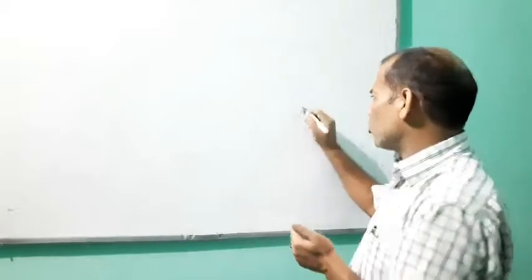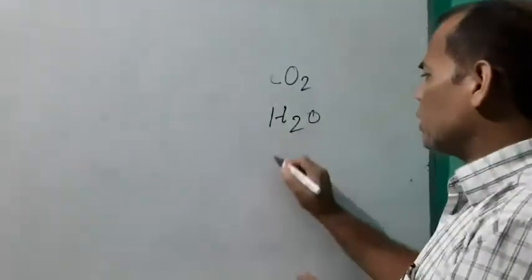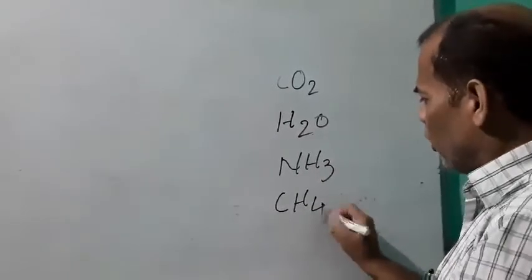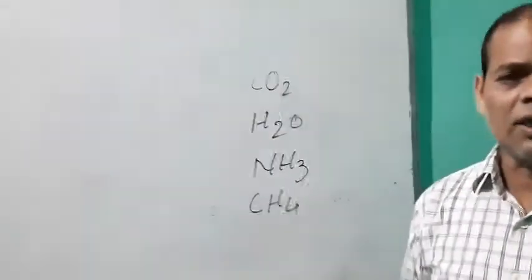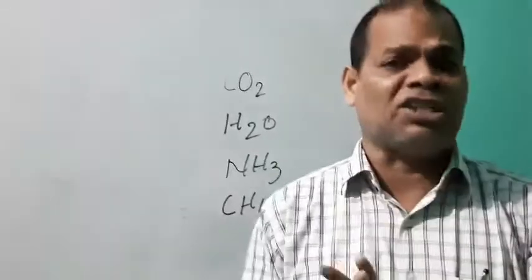In a covalent compound, this compound associates only molecules. Like if you talk about carbon dioxide, H2O, NH3, CH4, these are covalent compounds, and in these only and only molecules are present.